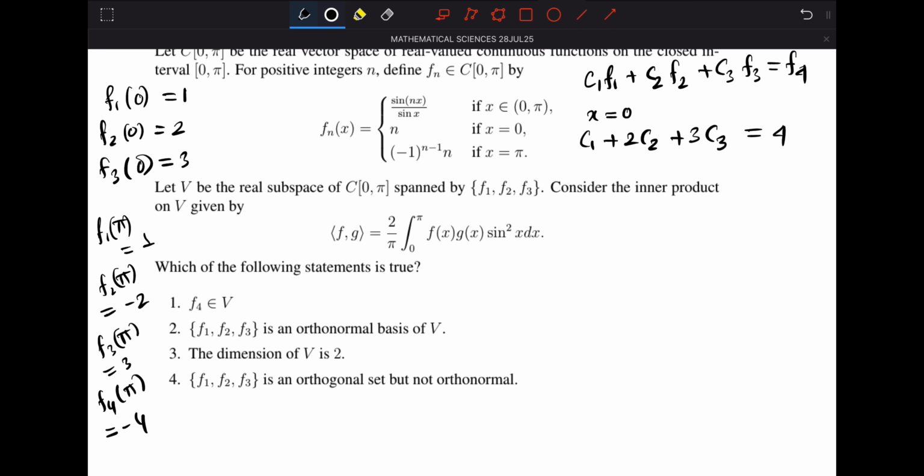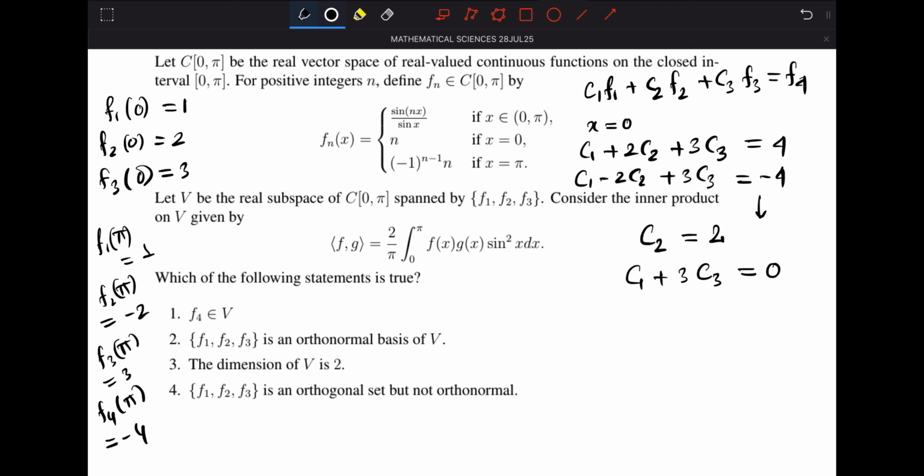So we have c1 minus 2c2 plus 3c3 equals minus 4. From that we have c2 equal to 2, and c1 plus 3c3 is equal to 0. Okay.